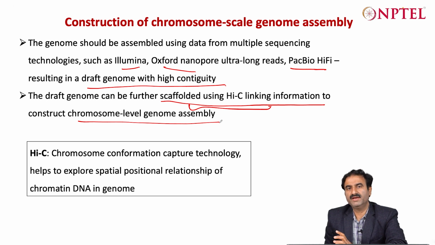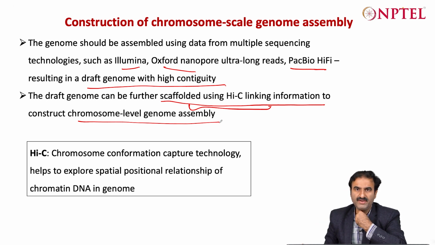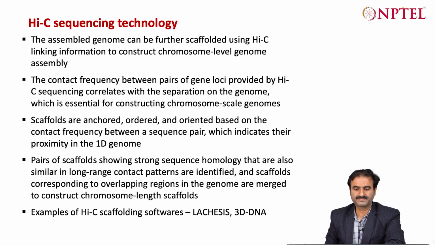chromatin in the cells or the tissue that you have taken is organized in the form of loops, and has close proximity within the chromosomes, and that proximity means sequences are close to each other, and that we can capture by Hi-C, by fixing those in their relative conformation in a genome.